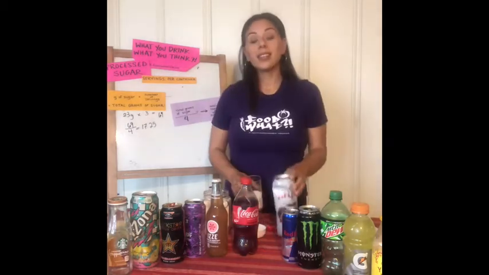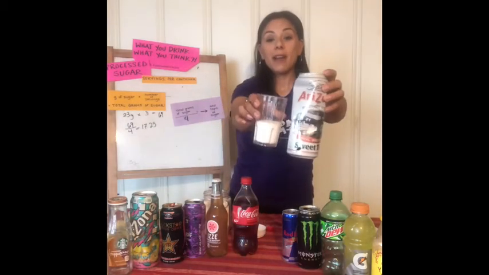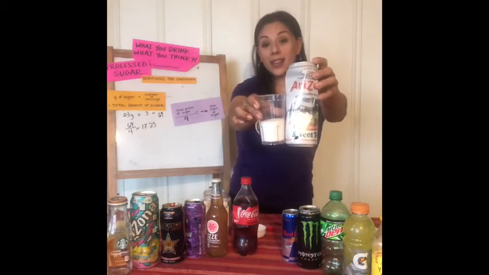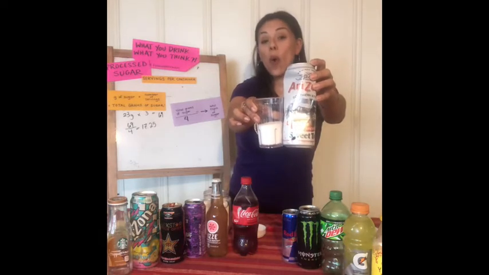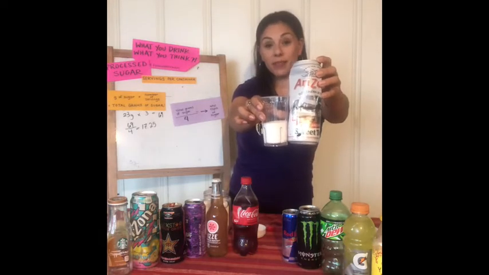And there you have it. So by volume, this Arizona can is about 1/3 processed sugar.